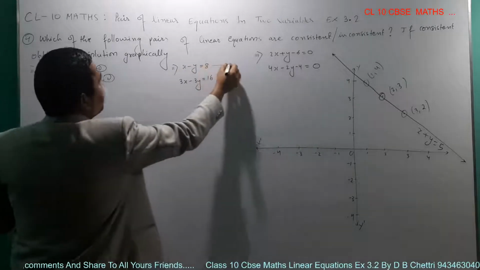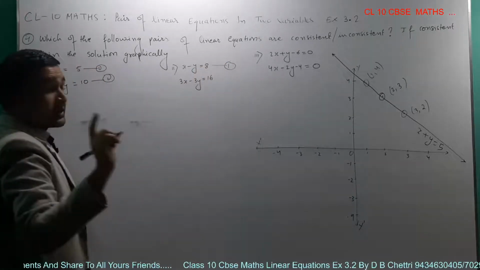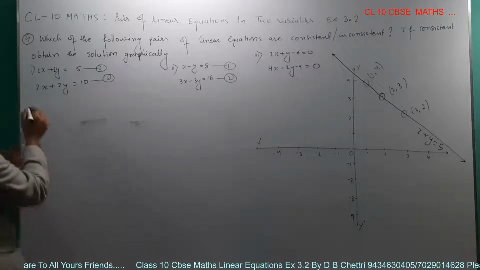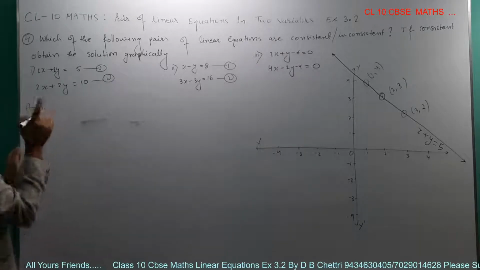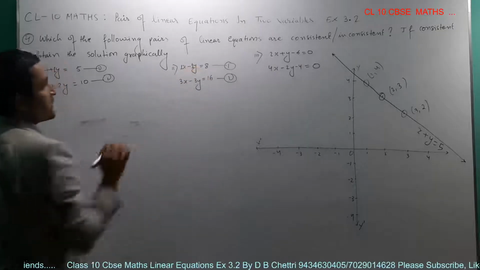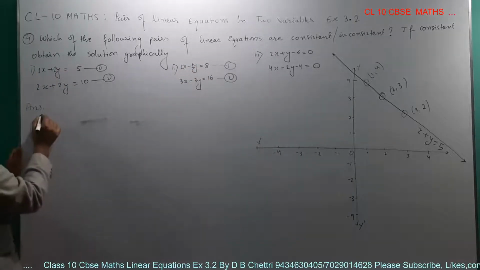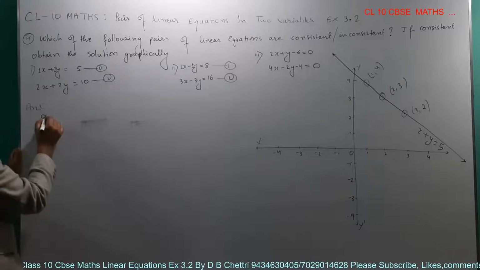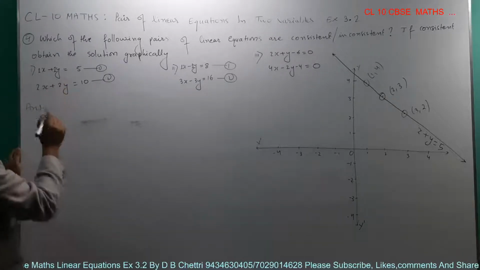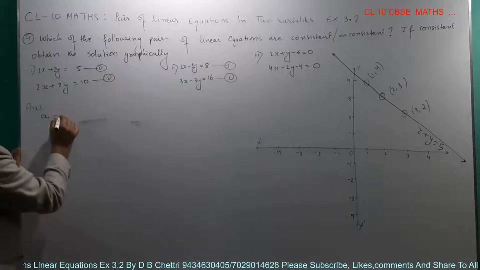From equation 1 we will get the values of a1, b1, c1, and from equation 2 we get the values of a2, b2, c2. Now tell me the value of a1. If there is no number, it means 1 is always attached to each letter or variable. So a1 equals plus 1.